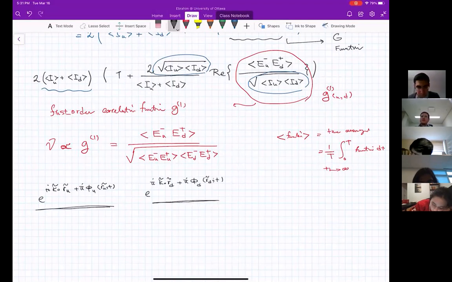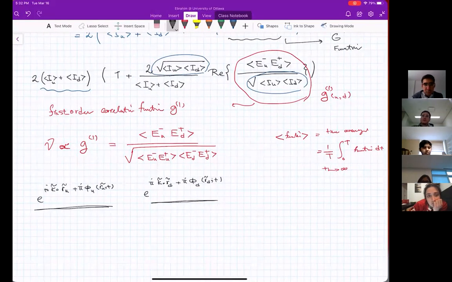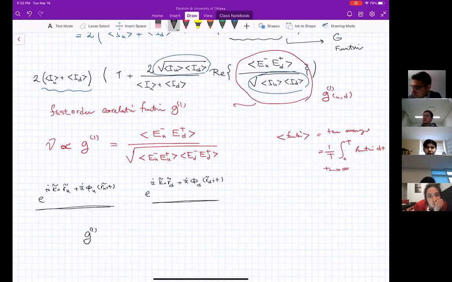For the negative one you go with the conjugate, minus i k dot r and minus the phase, because the total of the two should be a real quantity. If you substitute it here, G1 will be proportional to the numerator; I don't consider the denominator, because it equals 1, and the average of 1 is 1.